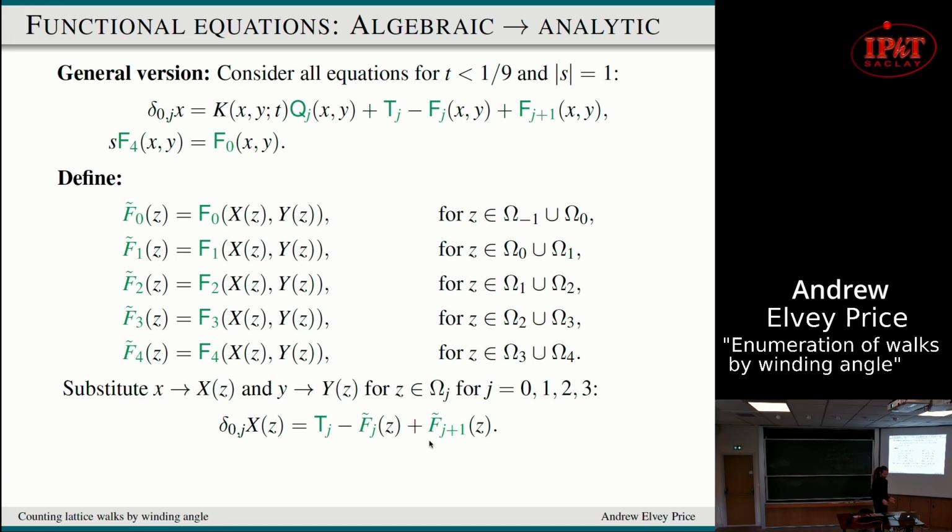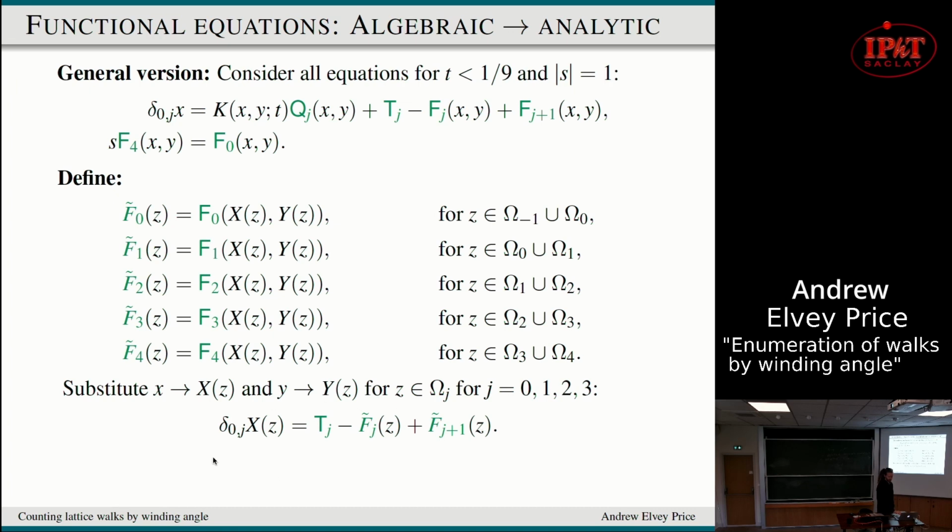And so here it's looking more like what I was talking about with Gauss's law, where this equation is almost saying that the flux over one line is equal to the flux over the other line. It's like this bit is sort of like a charge that comes from the starting point of the walk. T is actually included in the flux because that's counting walks that exit into the origin.